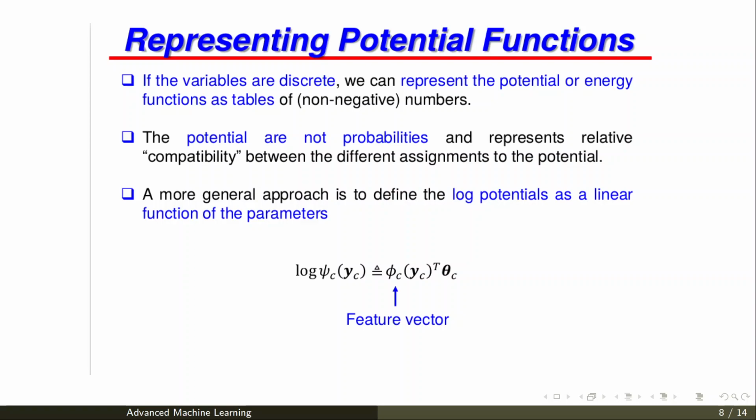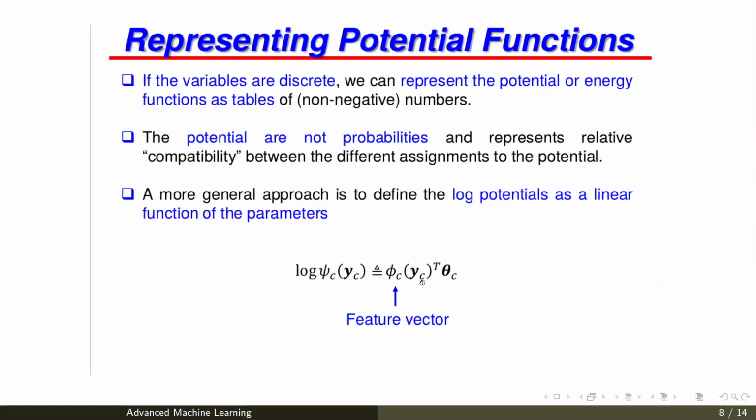Next, we see how to represent these potential functions. Here is a very general way of parameterizing these potentials on the cliques, and this is what is called the log linear model. So the potentials you write here as the log of the potential to be a set of some basis functions defined over the features yc.